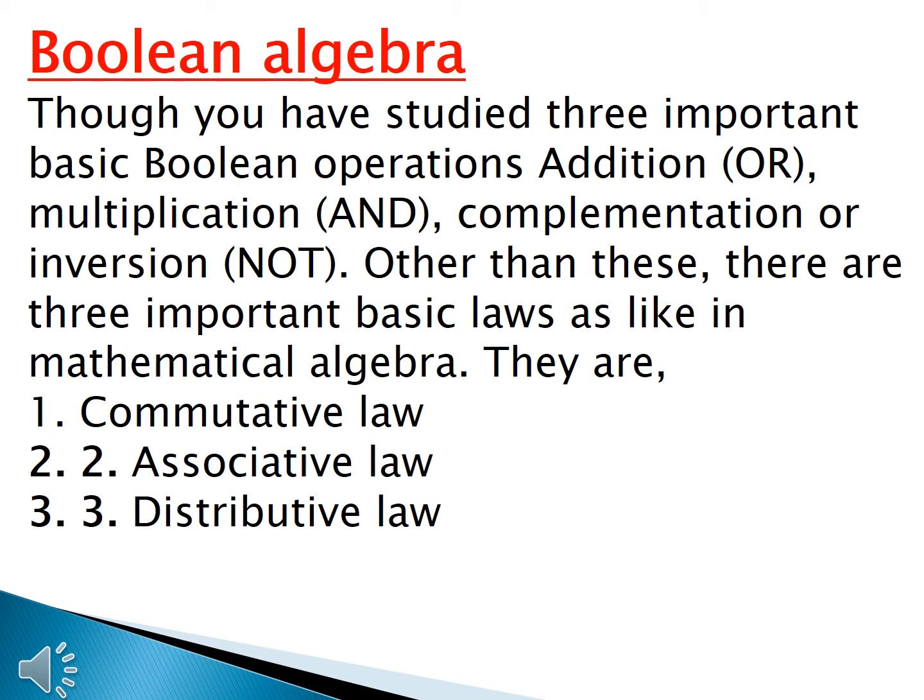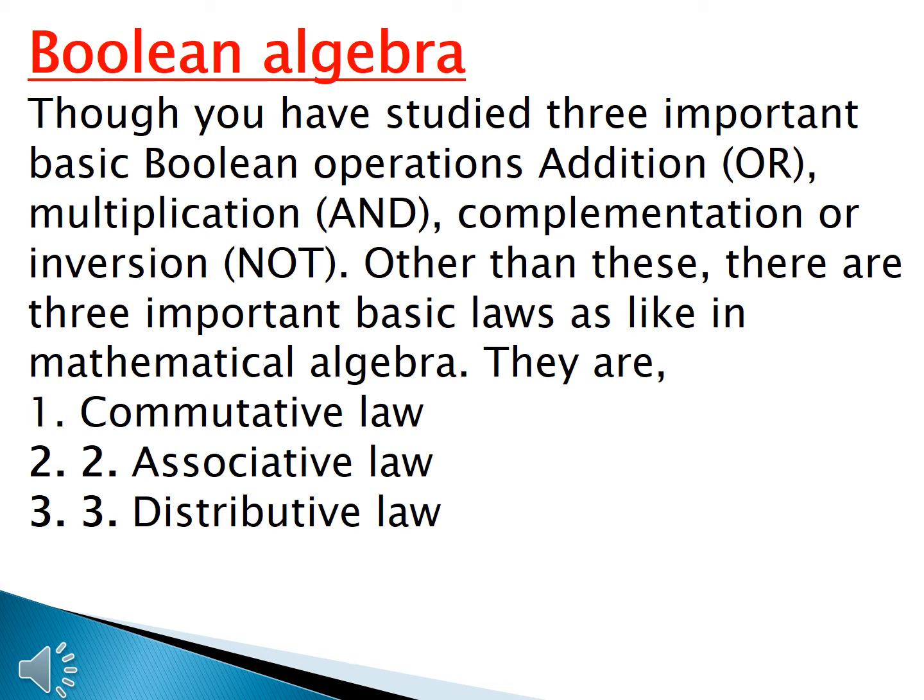Similarly, we can apply the commutative law in multiplication. A into B equal to B into A. Here we should use an AND gate. Suppose we have two inputs A and B, we apply an AND gate, and the output becomes A into B. Now inputs are B and A, and again we apply an AND gate.